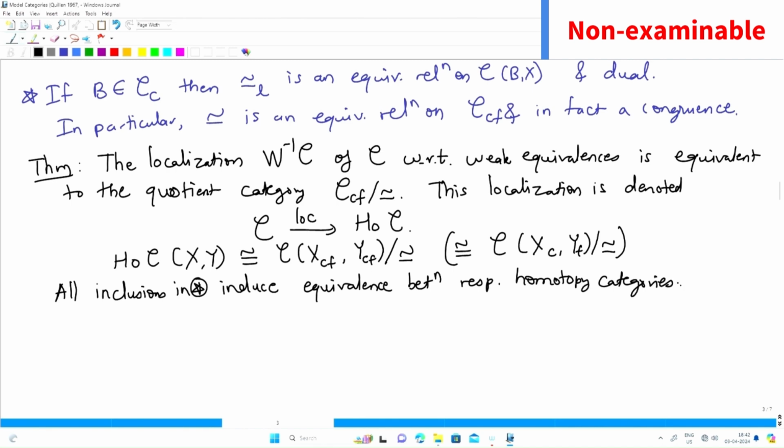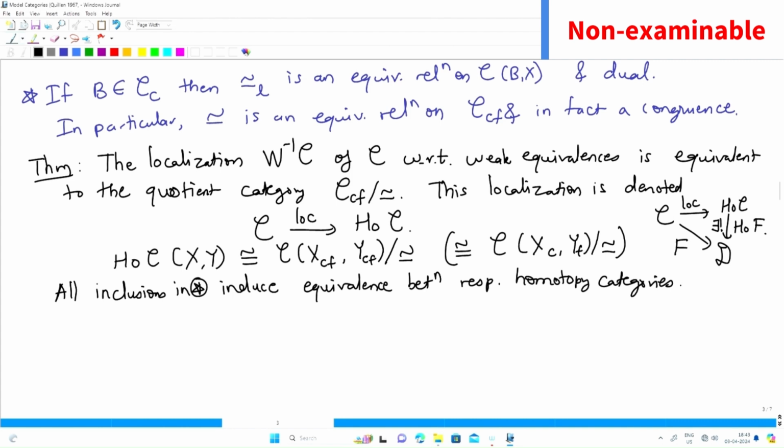So by the way, let me refresh your memory that whenever there is some category D and a functor F such that all weak equivalences in C become isomorphisms in D, then there exists a unique functor from the homotopy category to D. And this unique functor we will write as HOF, the homotopy F. This is the universal property of localization, yeah?